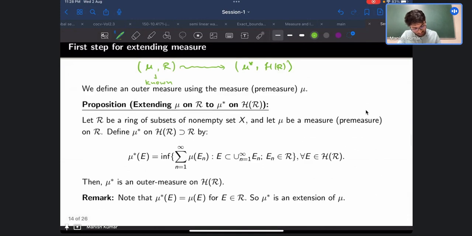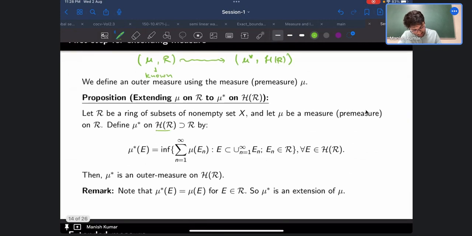So how do we define that? Clearly this H of R contains R, just by definition.